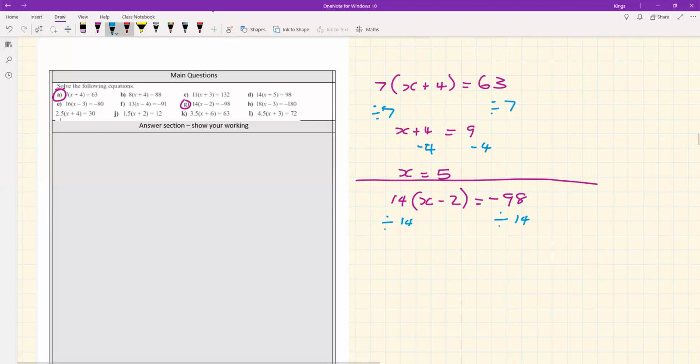So we've got x minus 2 on this side, which equals 98 divided by 14, which should give us 7. So that's minus 7 because it's actually minus 98. So minus 7. Add 2 to that to get rid of this 2 on that side. So we've got x equals minus 7 add 2, which is actually minus 5. So x is minus 5 on the second one.